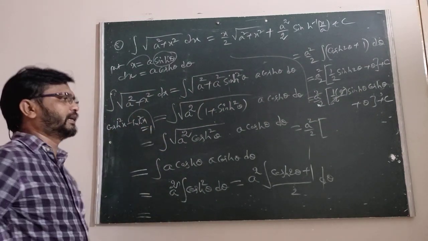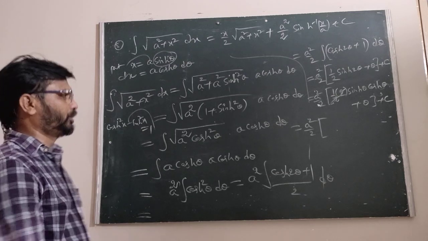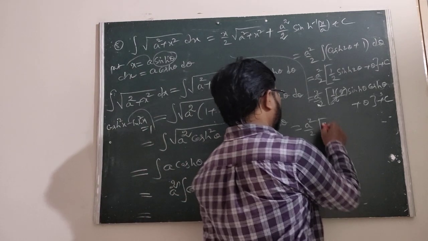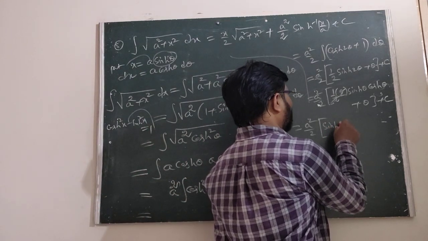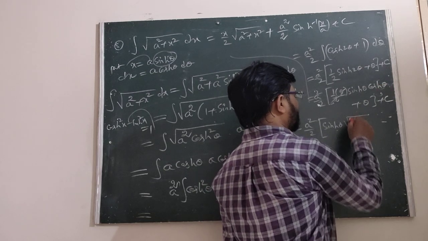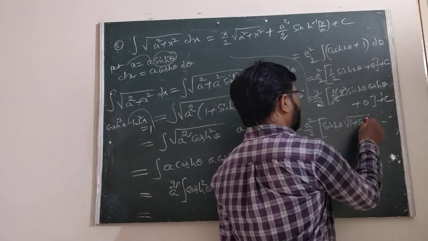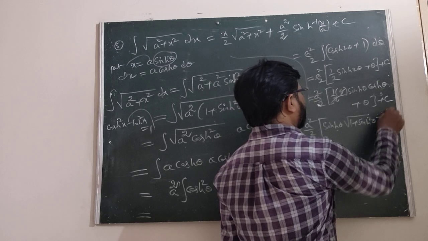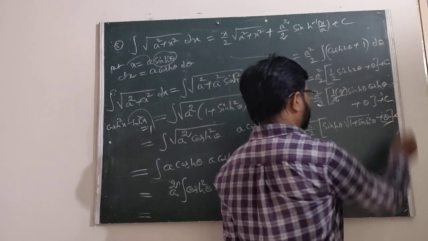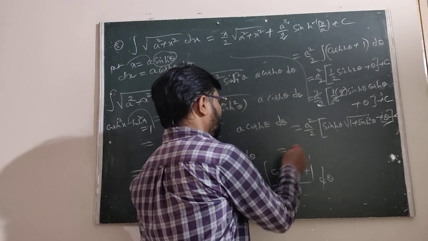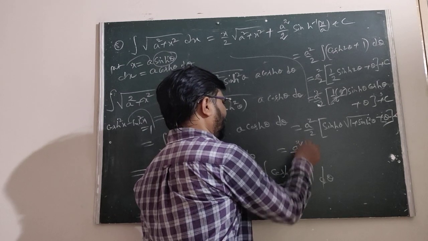The square is also sent to the other side, that is under root. Therefore, cos h theta is root of 1 plus sin h square theta plus c. Now here we are getting 1 by 2.